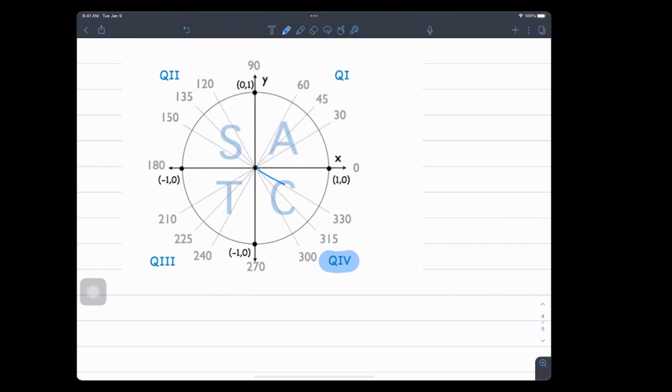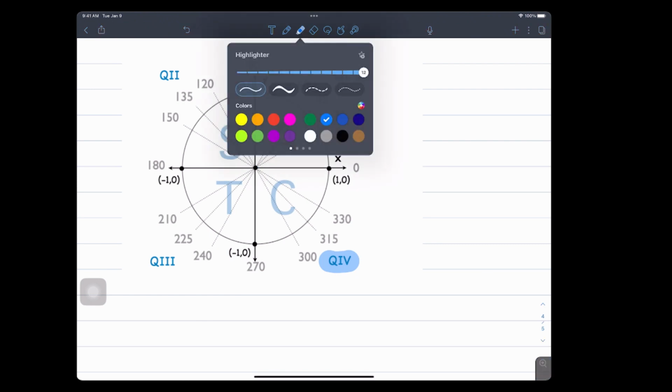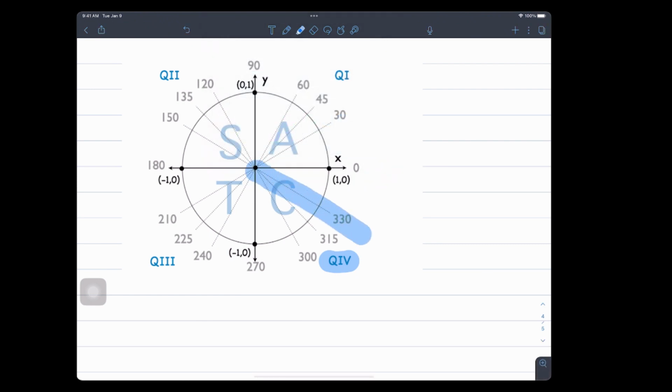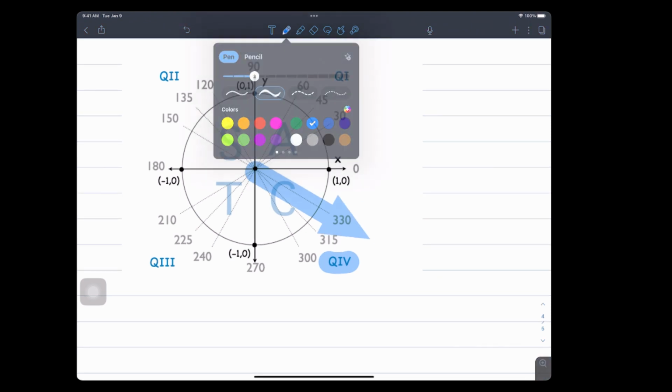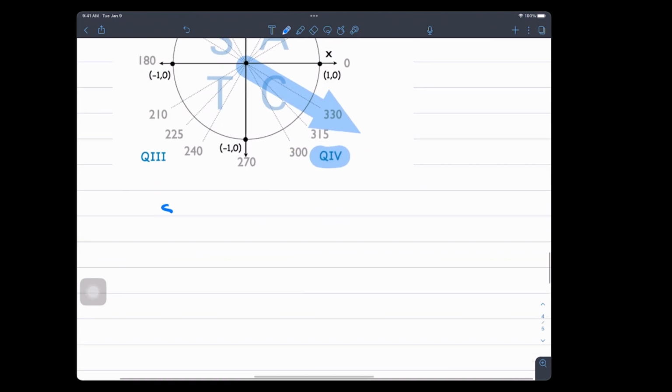If I said to you, quadrant 4 now, okay? Quadrant 4 measures what? Let's do a 330 degree. So if they said, what is sine 330? What is cosine of 330? What is tangent of 330?